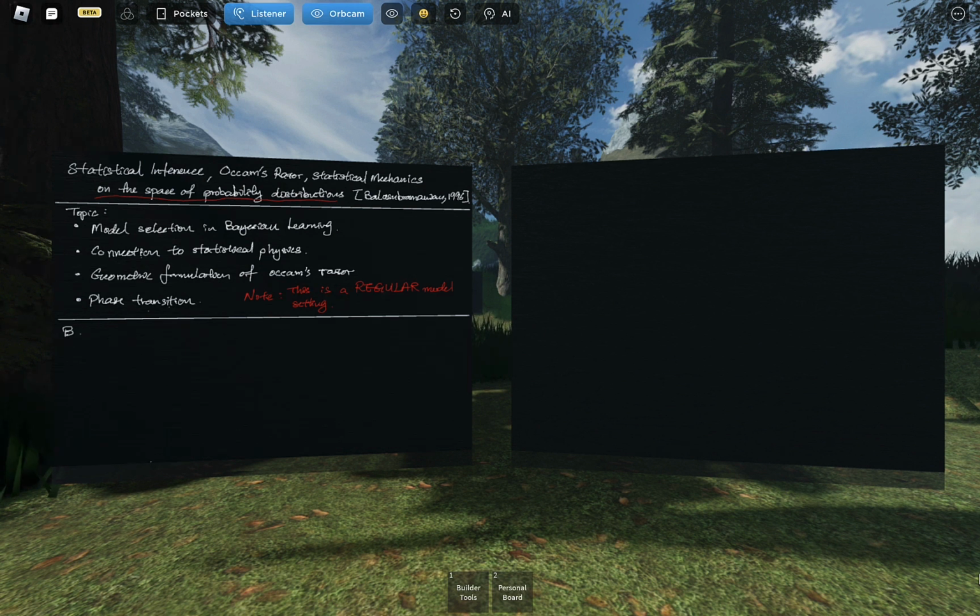Okay, so a word on the most popular and prevalent Bayesian selection method. So some setup. As usual, we have a set of capital N events.